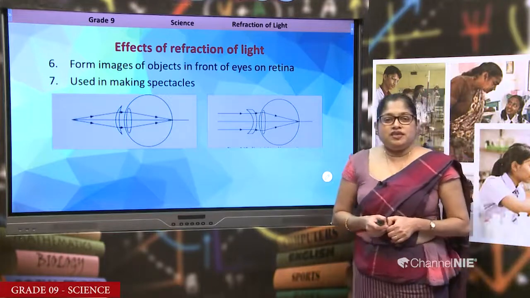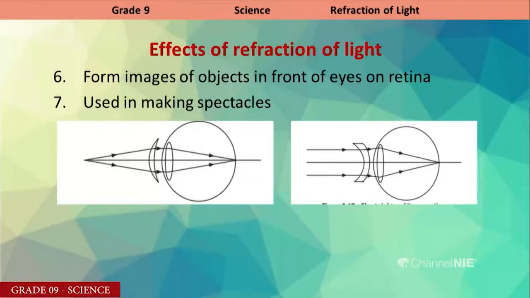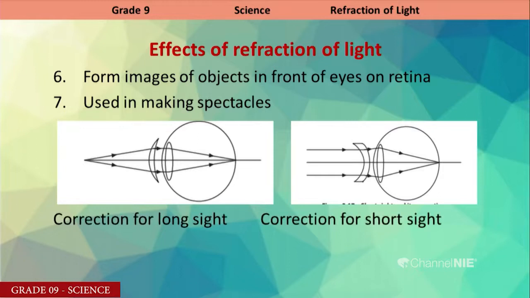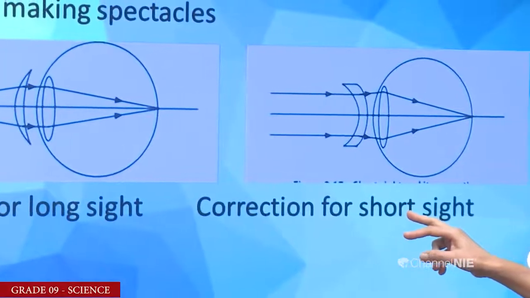We wear spectacles for some eye defects. You know, there are two main eye defects, long sight and short sight. This is how you wear spectacles for long sight, and this is how you wear spectacles for short sight.